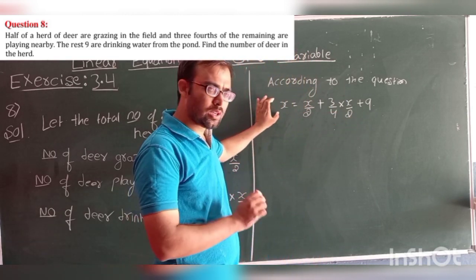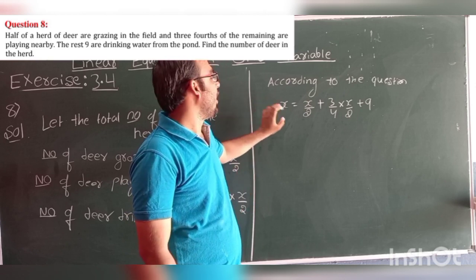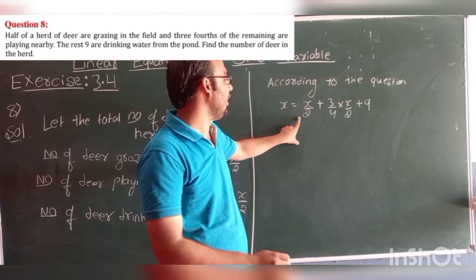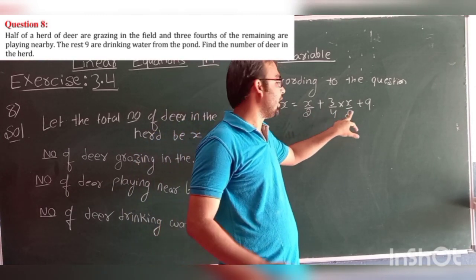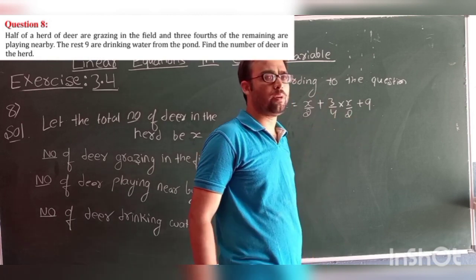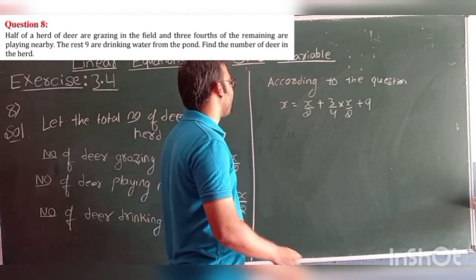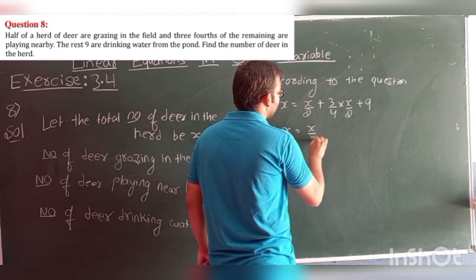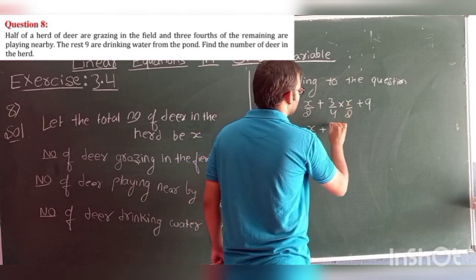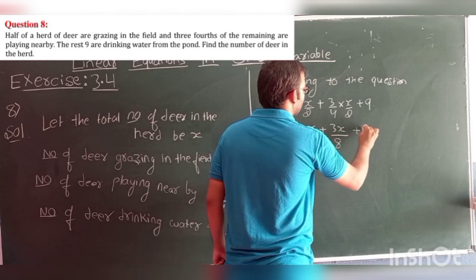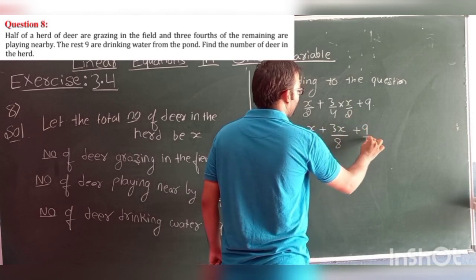X is the total number of deer in the herd and x by 2 is the half of the deer grazing near the field, and 3/4 of the remaining deer are playing nearby and 9 of them are drinking water. Okay, so here you can write x is equals to x by 2 plus 3 into x is 3x, 4 2s are 8, plus 9, nothing is there means 1 will be there.